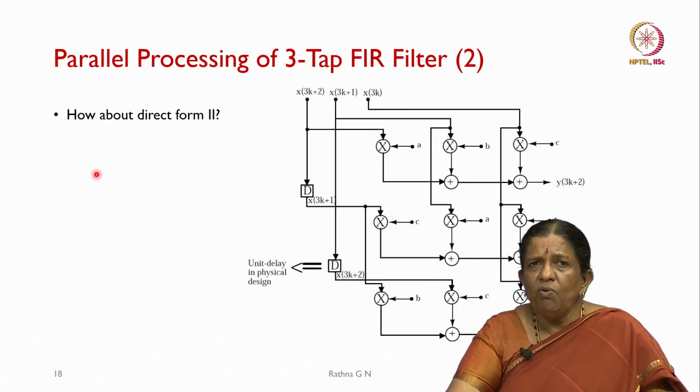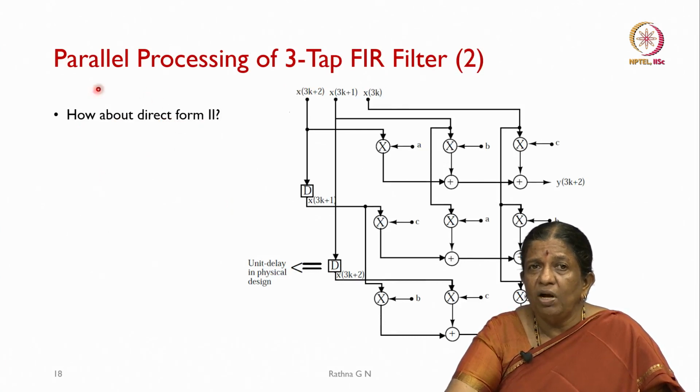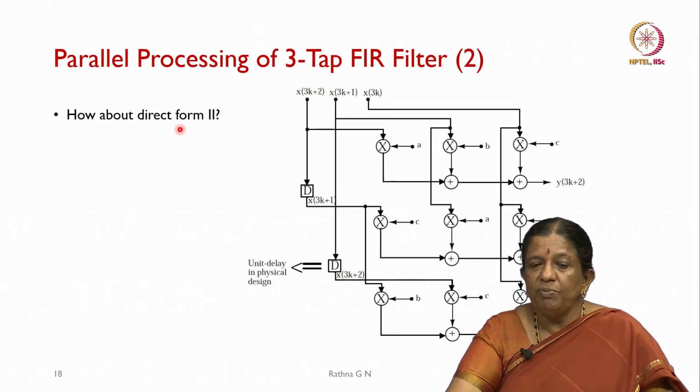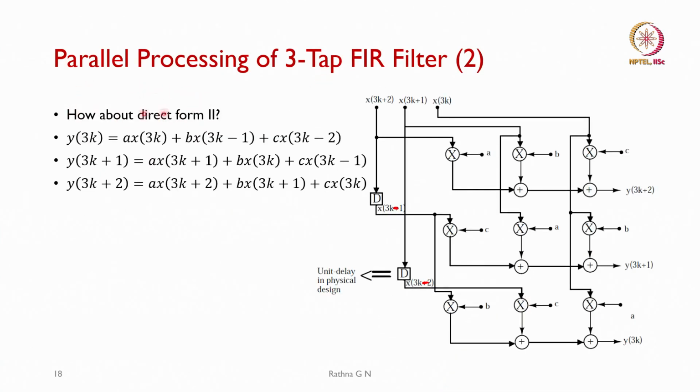So, what happens to the 3 tap FIR filter, and how will I represent it in direct form 2? You will see it. This is the output I want: y of 3k, 3k plus 1 and 3k plus 2, and we will consider y of 3k plus 1; the rest you can work out.